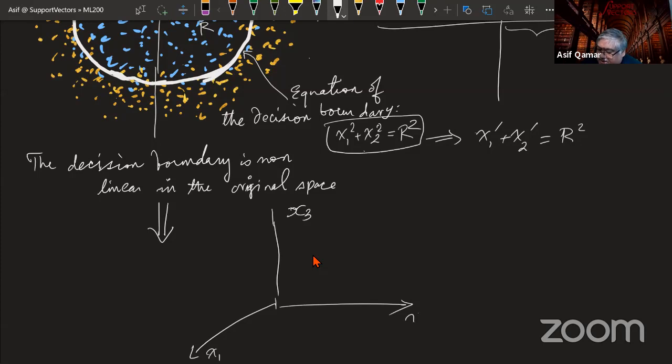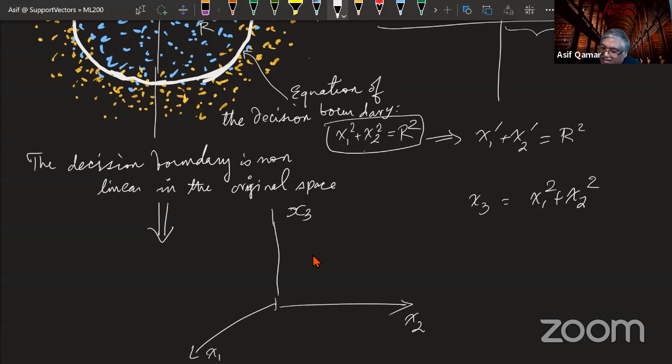Actually, typically in school, we think of not x1, x2, x3, but x, y, z. Suppose I create a z, by definition, it is x1 square plus x2 square. Let us see what it will look like.